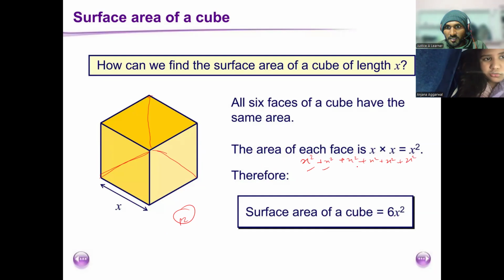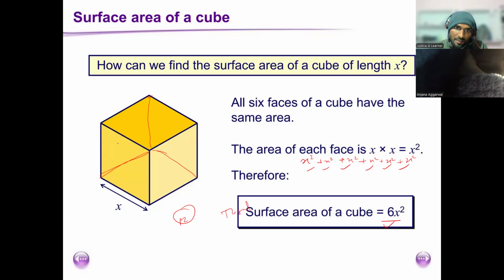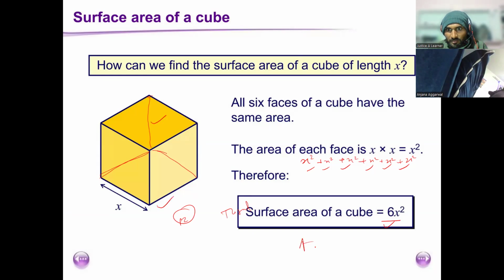One, two, three, four, five, six. So the surface area of a cube is 6x square. This is the total surface area. But if I ask you without the top and bottom, what would be the answer? 4x square.